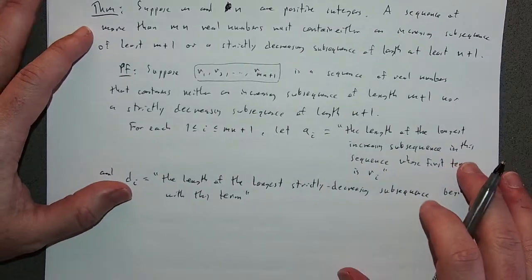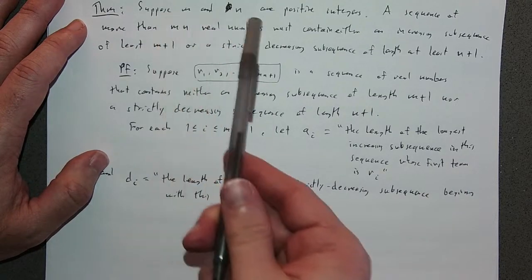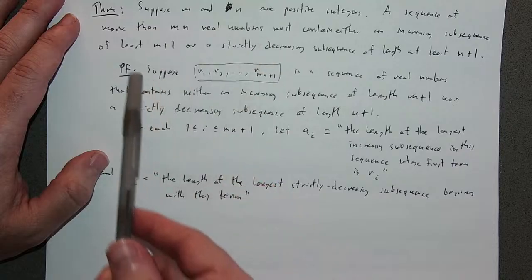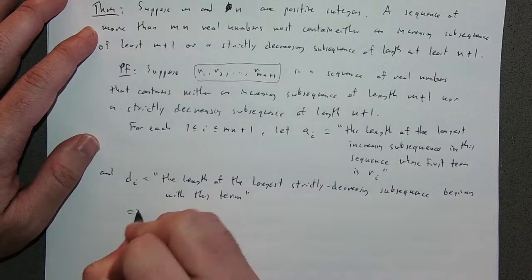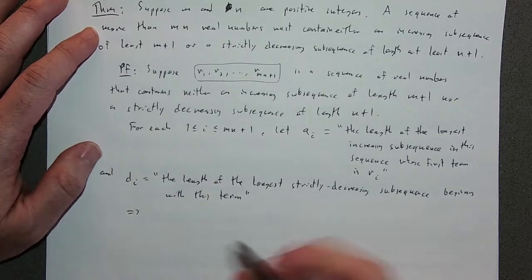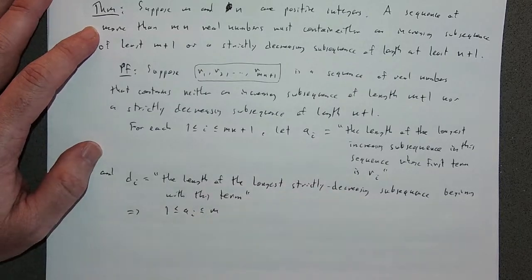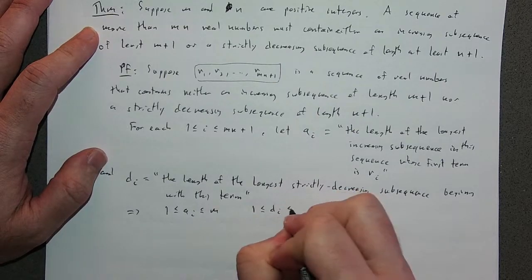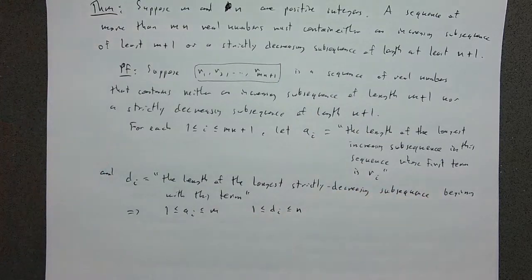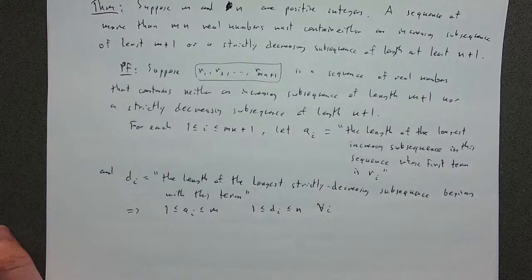Now, because m and n are positive, I have more than mn real numbers. How is this arranged here? First of all, I know that a sub i is between 1 and m, and d sub i is between 1 and n, and this is true for each i.